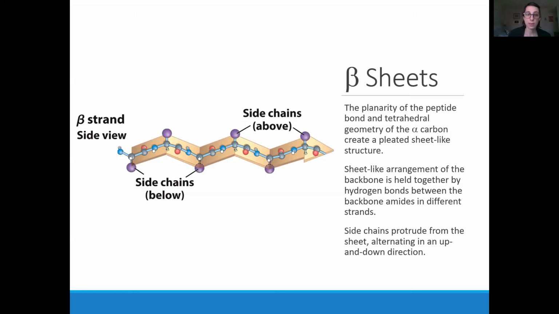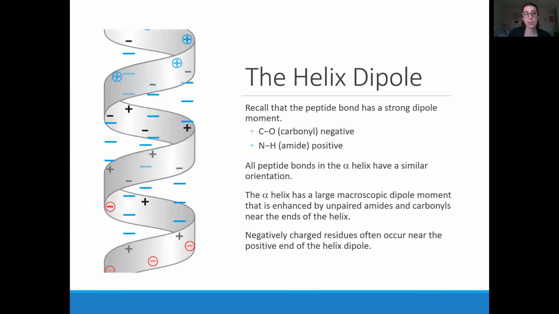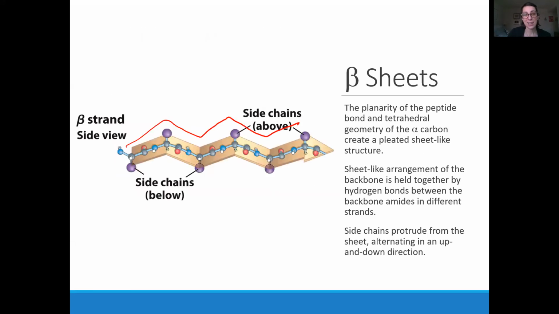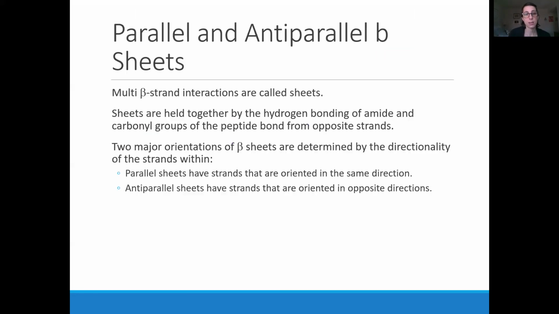So again, this kind of orientation of the peptide chain we just call a beta strand. And when more than one of these interact, it is a beta sheet. The main secondary structure is the beta sheet, and again, that is held together by hydrogen bonds.